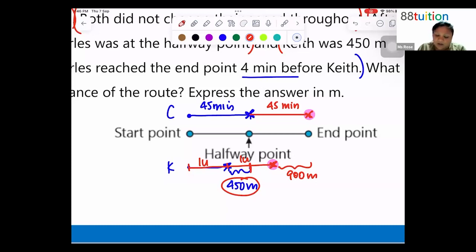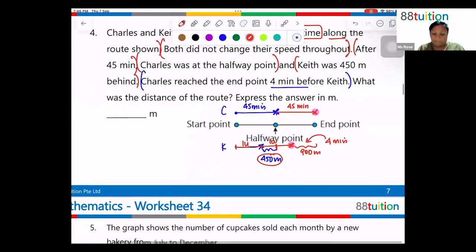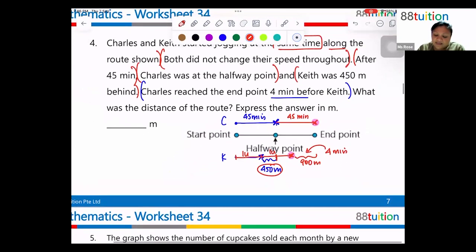Now, because Charles reached 4 minutes before Keith, this distance that Keith must cover will take him 4 minutes. You follow? All right. So with these two pieces of information, we can actually find the speed.